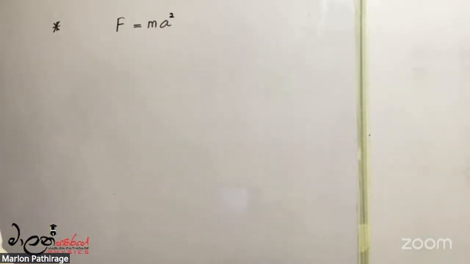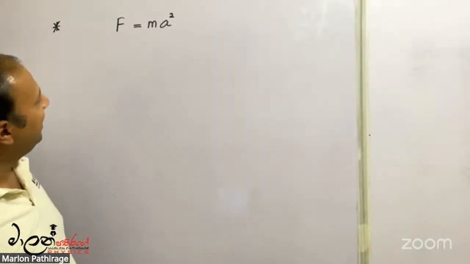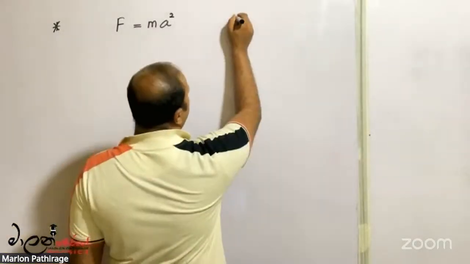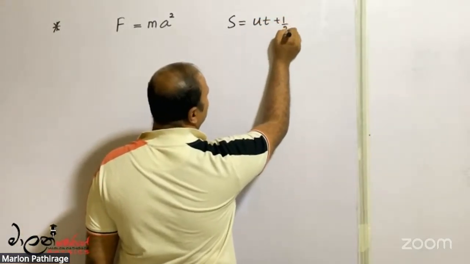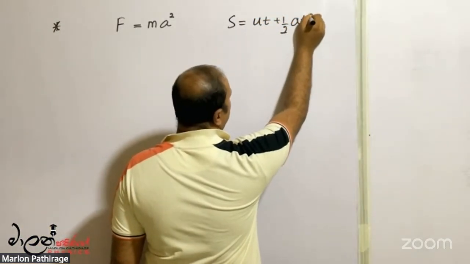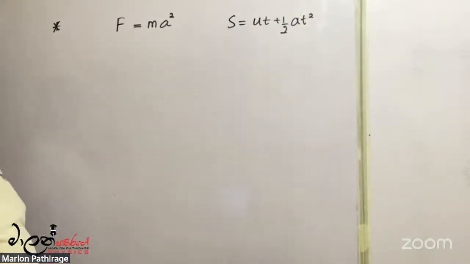And another thing is you are given S equal ut plus half at square. Okay.